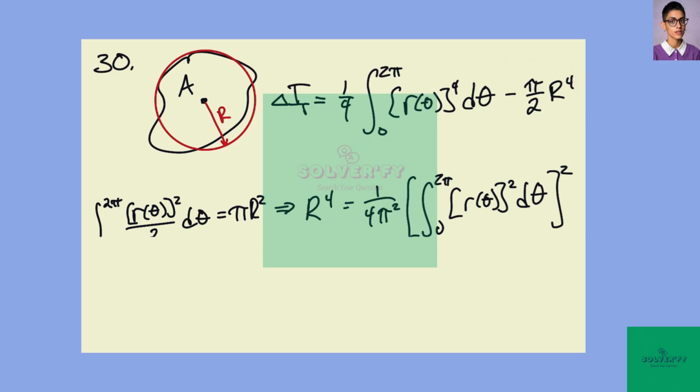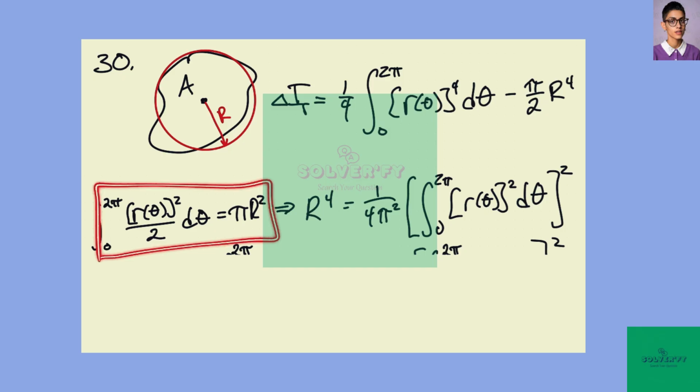Okay, so then we can say, well, the areas have to be the same. So this is the area of this unknown region, and this is the area of the circle, pi r squared. So we can get r squared, then r to the fourth, which we need up here.